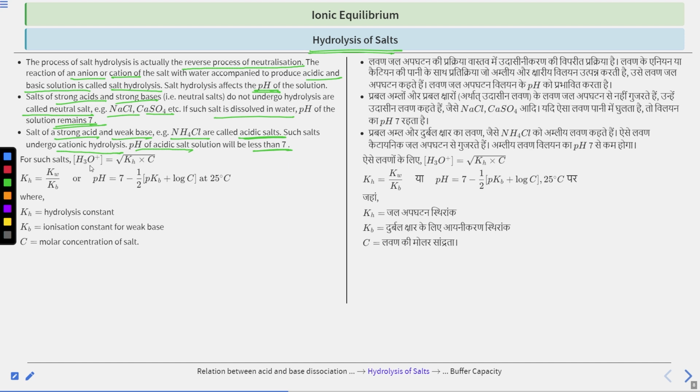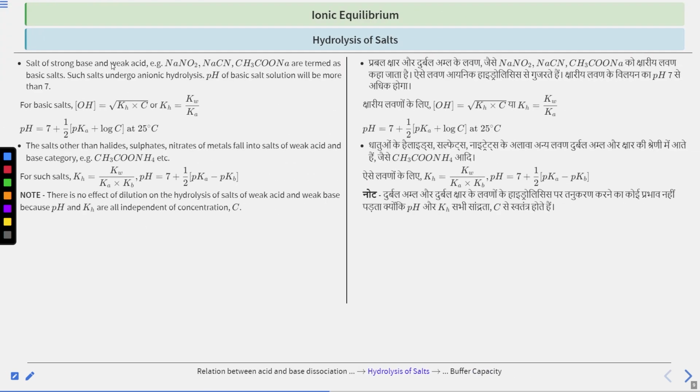For such salts, [H3O+] = √(Kh × C), where Kh, the hydrolysis constant, is equal to Kw/Kb, or you can write pH = 7 − ½(pKb + log C) at room temperature. Here Kb is the ionization constant for the weak base, B is for base, and C is the molar concentration of the salt. So this is about the process of hydrolysis of salts.